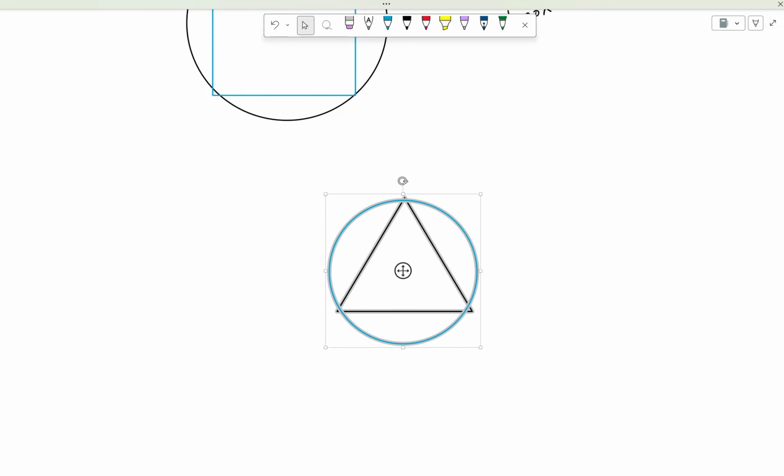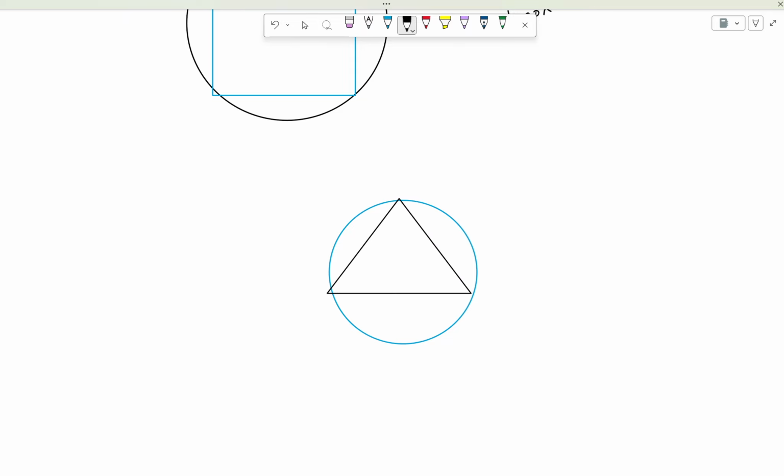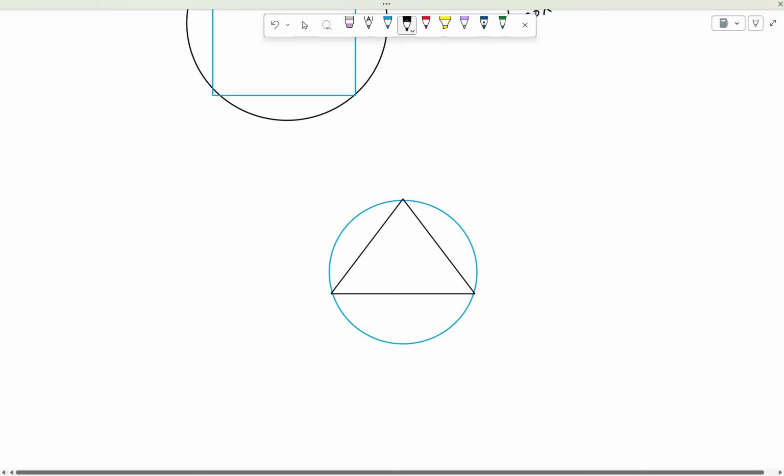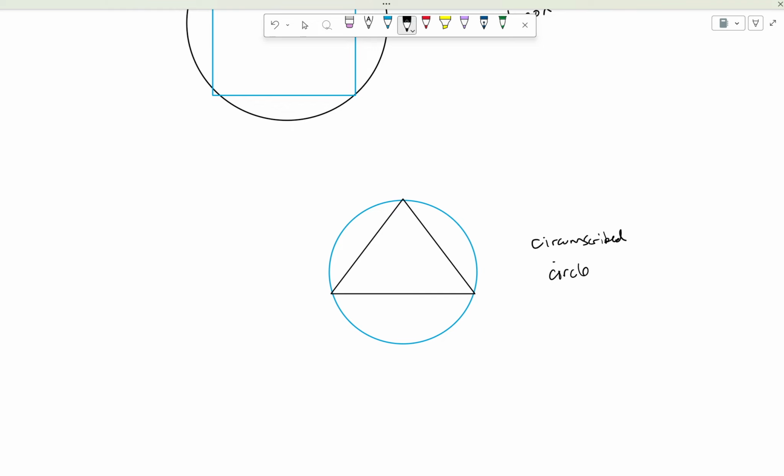You guys get the idea. I can recenter that a little bit better here. There it is. Okay. And this is a circumscribed circle.